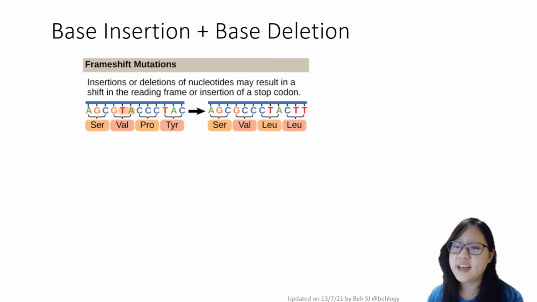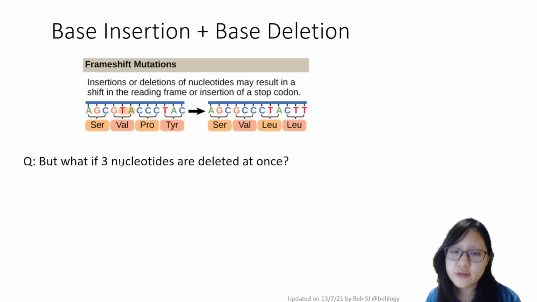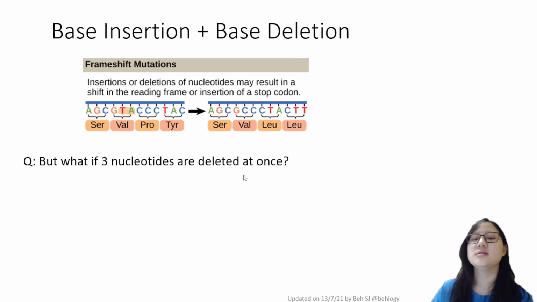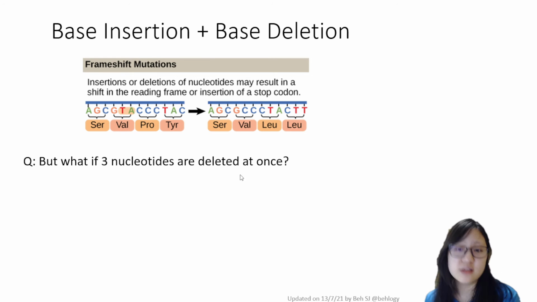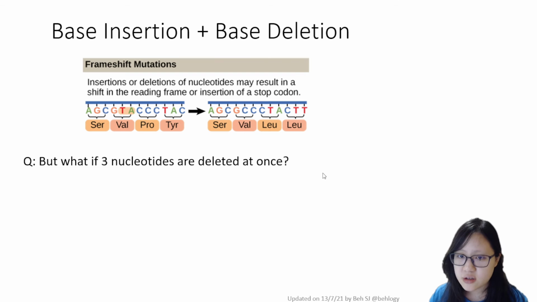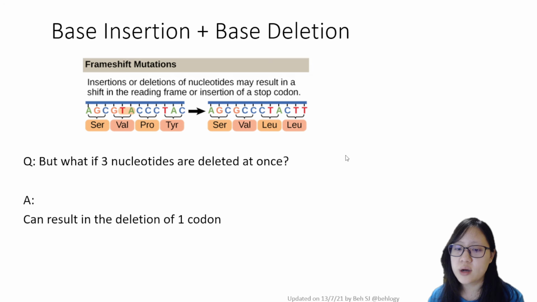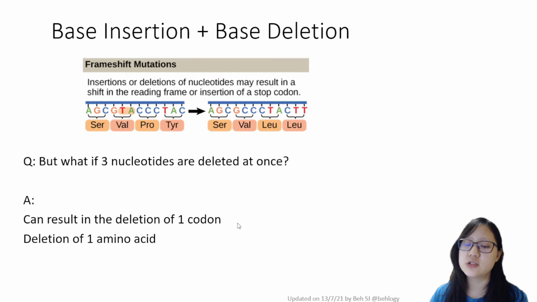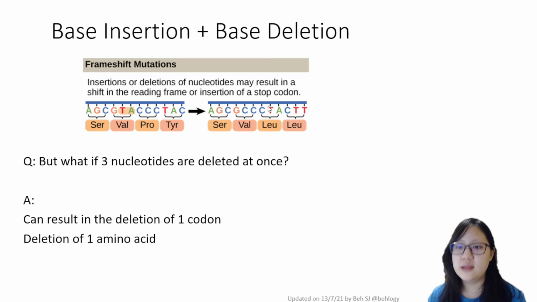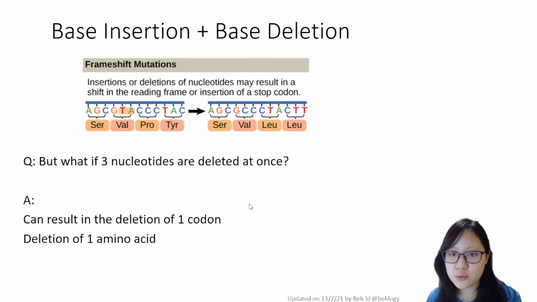The question I get sometimes is, what if 3 nucleotides are deleted at once, or 3 nucleotides are inserted at once? If you insert 3 nucleotides at once, depending on where you insert them, this would probably make the damage quite localized. It can result in the deletion of 1 codon, or just deletion of 1 amino acid, or addition of just 1 amino acid, or maybe 2, depending on where it's inserted or deleted.